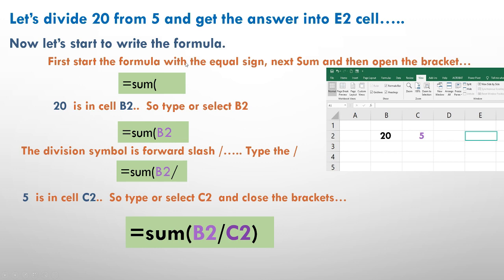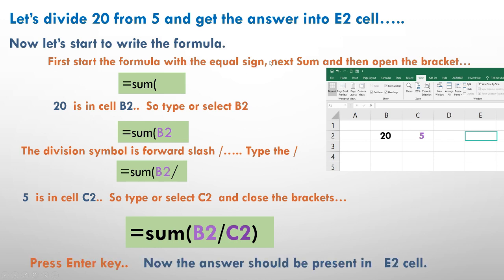First start the formula with the equal sign. Next, here also we are using the word sum. And then open the bracket, equal sign, sum and the bracket. 20 is in cell B2, so we can type or select B2.